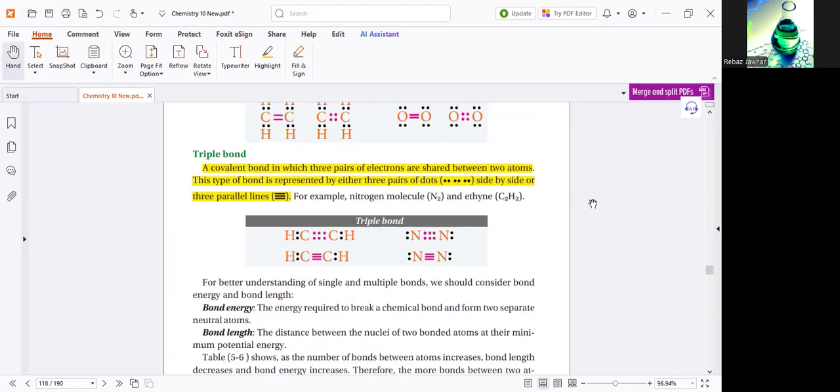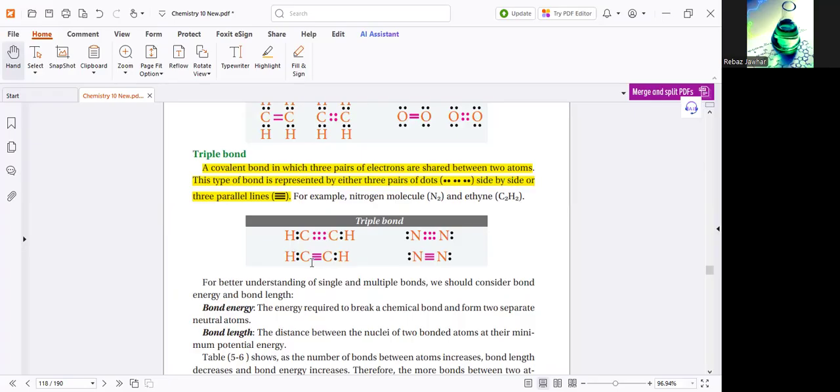Triple bond, the last class of the covalent bond, is a type of covalent bond in which three pairs of electrons are shared between two atoms. This type of bond is represented by either three pairs of dots side by side, or three parallel lines. For example, C2H2, acetylene gas.